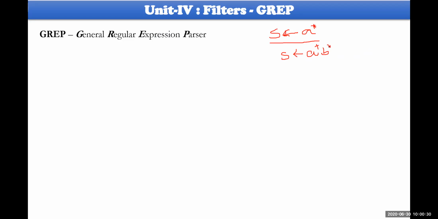If you are supposed to specify something like this, A must exist at least once, and B might be any number of times. So these are all regular expressions. Of course, I'm not going into detail about these expressions here, but these are all regular expressions which you have learned in your previous course, namely formal languages and automata theory. Okay, so general regular expression parser.